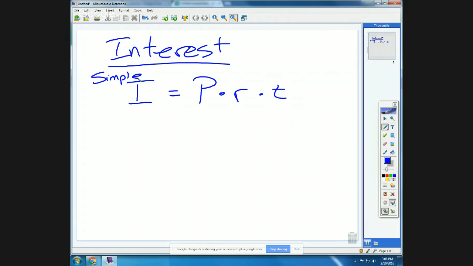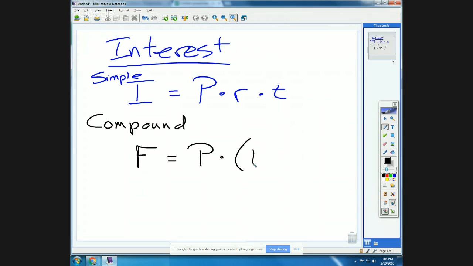If I want to do compound interest, then we talk about a future value, because compound interest is where your interest collects interest. So the future value is equal to the present value, and I'm going to give the second version I gave the other day.